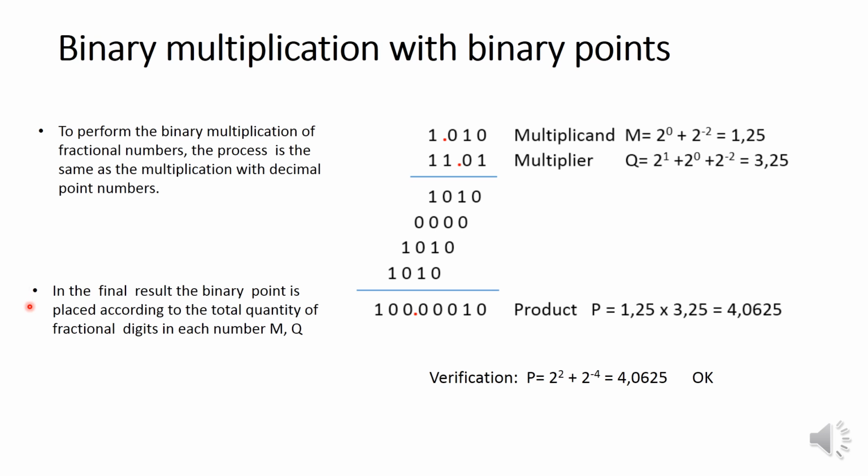Once we get to the final result, then the binary point is placed according to the total quantity of fractional digits in each number, the multiplicand and multiplier. So this is the way we can multiply two fractional binary numbers. For example, here the multiplicand has 3 binary points, the multiplier has 2 binary points, so the product has 5 binary points.